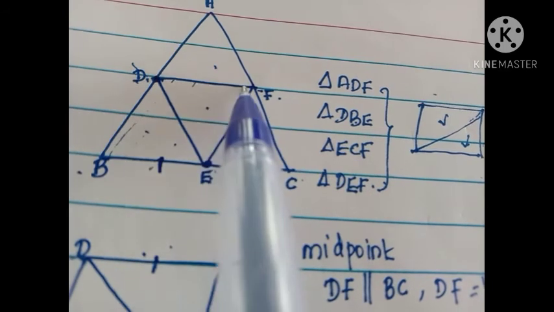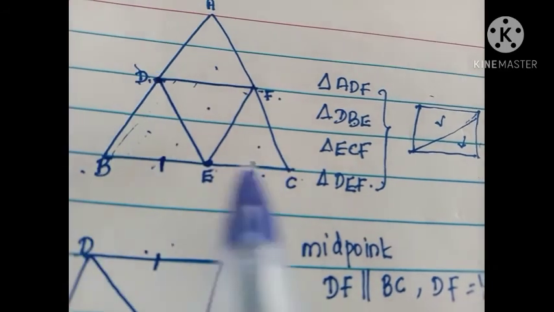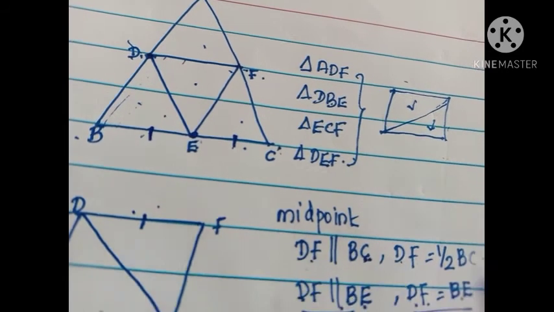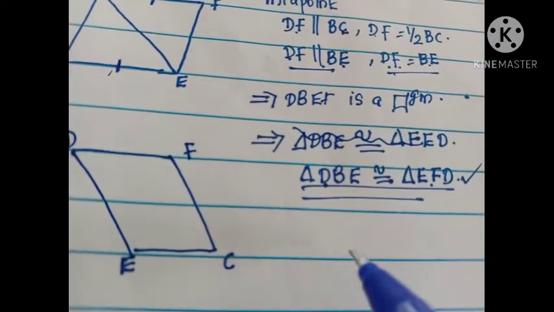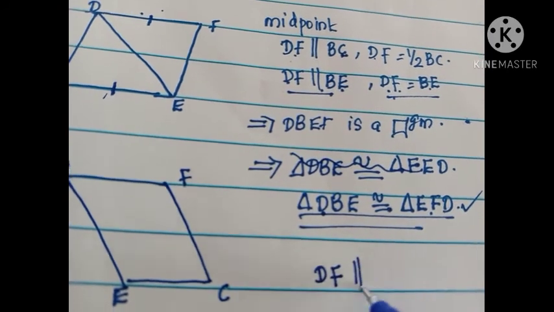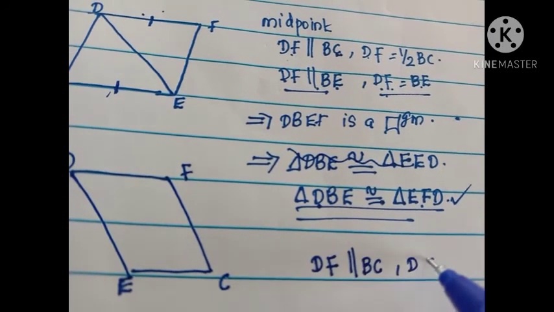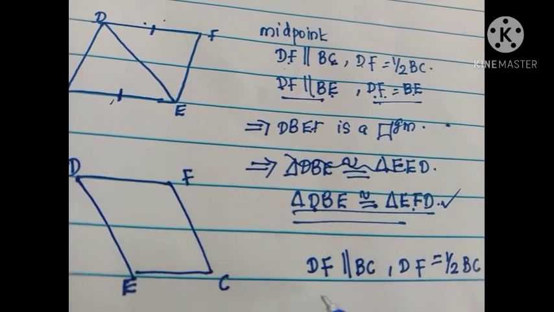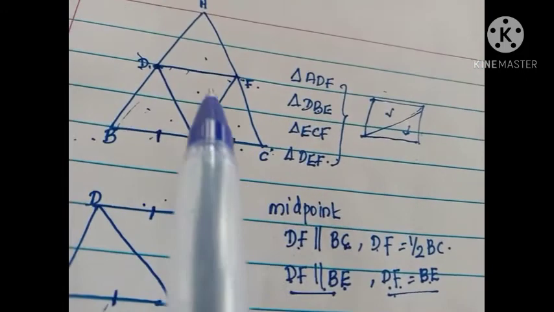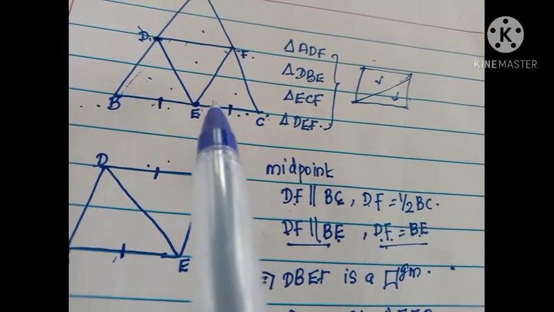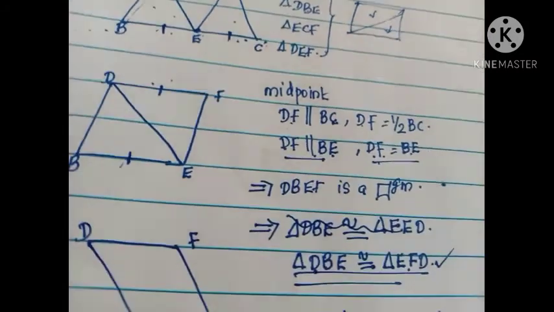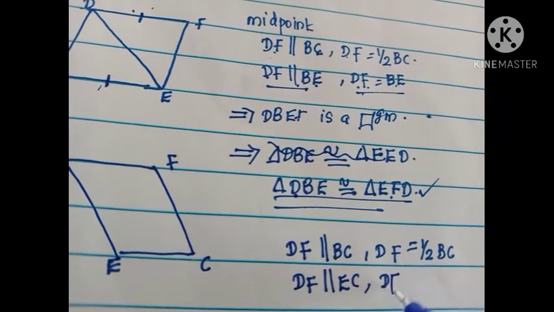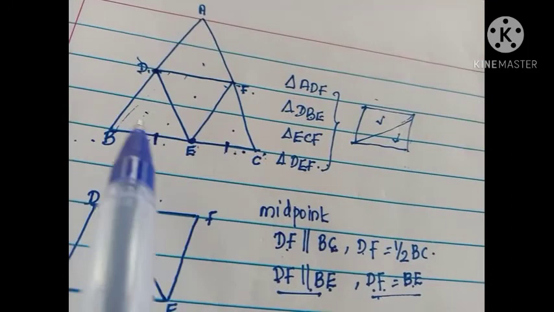So again, by the midpoint theorem, DF is parallel to the third side. What is the third side? BC, and it is half of BC. So DF is parallel to BC and DF is half of BC. Here we take DF parallel to BC, that is parallel to EC, because EC is a part of BC. And DF is equal to half of BC.